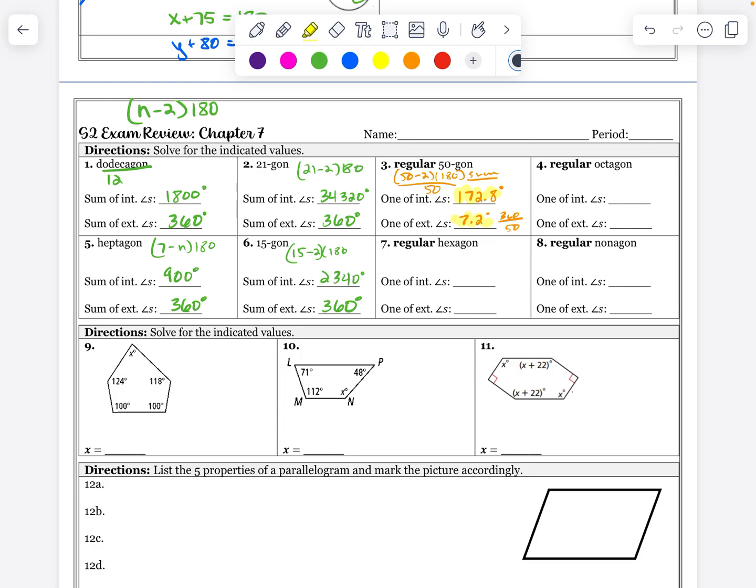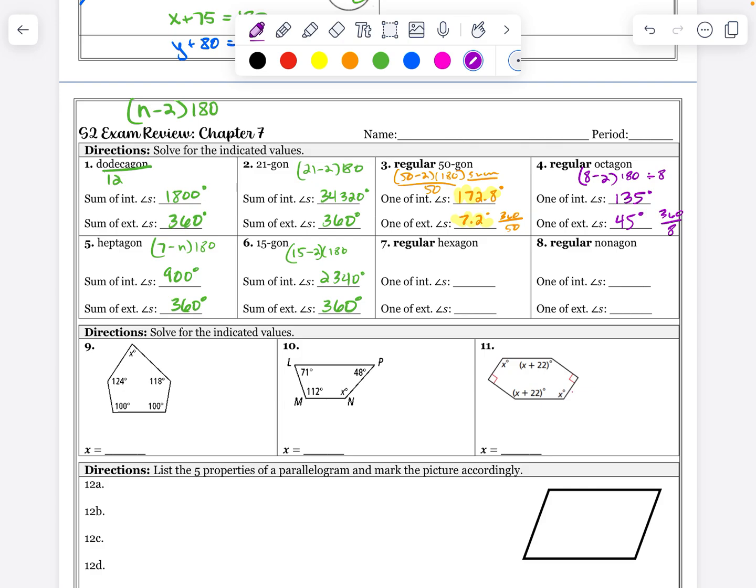Let's see, an octagon. 8 minus 2 times 180 and then divide by 8 gives me 135. And then 360 divided by 8 is 45. And those two numbers add up to 180. So I did it right.